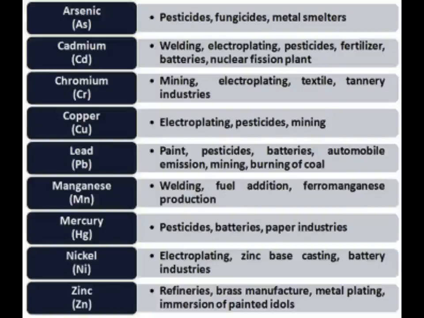Arsenic causes disturbed peripheral circulation, mental disturbance, liver cirrhosis, hypokeratosis, lung cancers, ulcers in the gastrointestinal tract, and kidney damage.